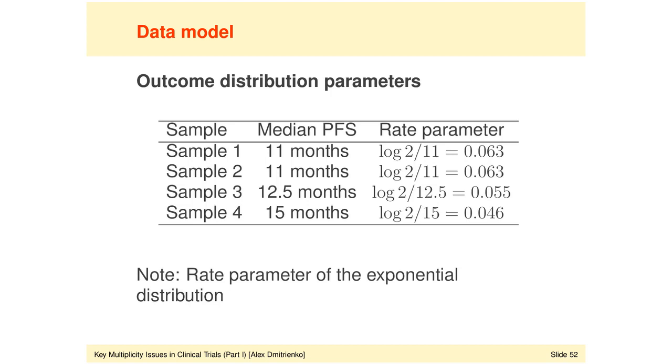Using this information and assuming an exponential distribution, we can compute the rate parameter or the hazard rate, and those calculations are presented in the rightmost column in this table.